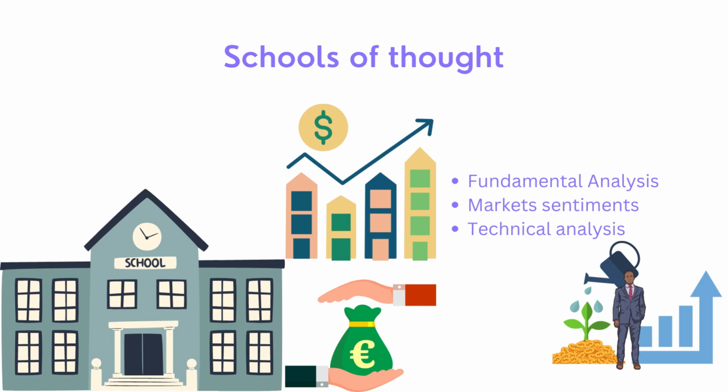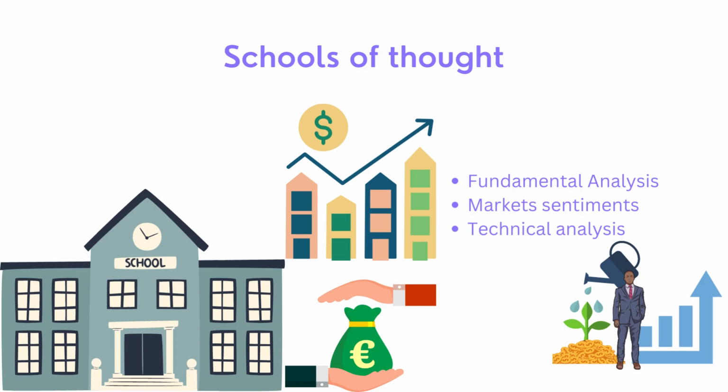But in a nutshell, it involves three things: economic analysis, industry analysis, and company analysis. Fundamental analysis is one of the cornerstones of investing and gives you tools to help determine the value of different investments.